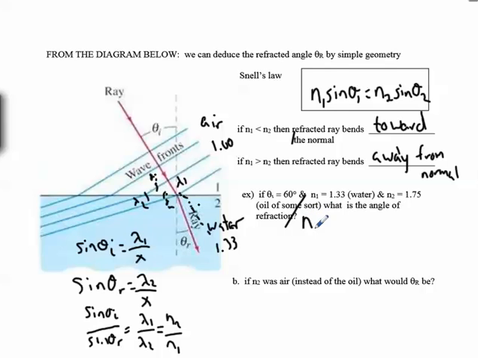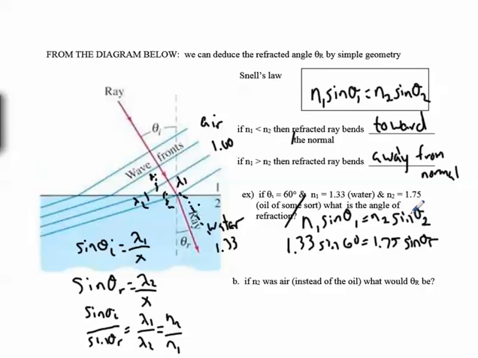So we can use Snell's law. We can say n1 sine theta 1 equals n2 sine theta 2. N1 is the initial index, 1.33. So 1.33 sine of 60 equals 1.75 times the sine of the refracted angle.